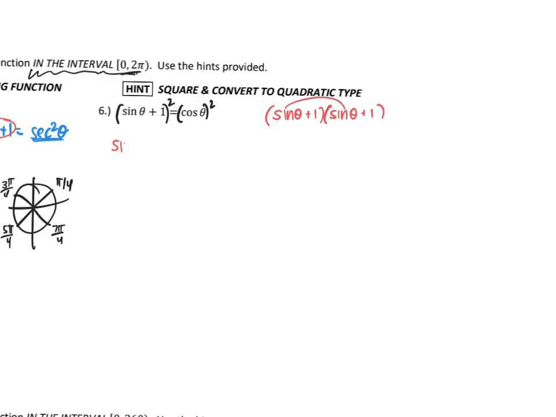So sine squared theta plus sine theta plus 1 equals cosine squared theta. And I can simplify this to sine squared theta plus 2 sine theta plus 1 equals cosine squared theta.